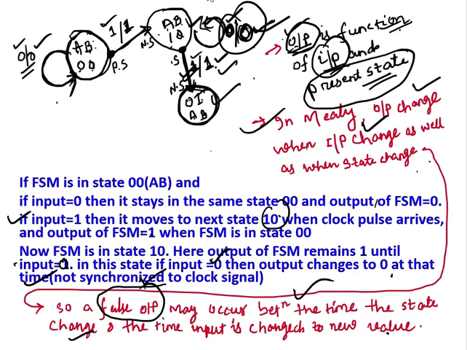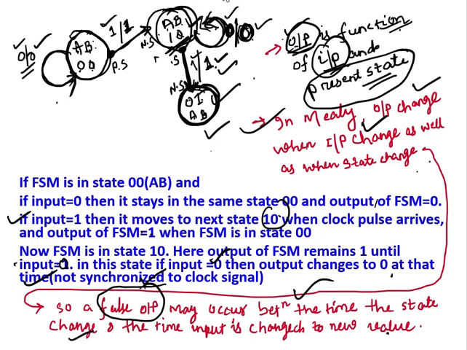Let's say input 1 comes and it is moving towards the next state. In between, suddenly 0 comes. Then it also gives one output, the FSM output, and moves to the next state, and here the next state is the same state.